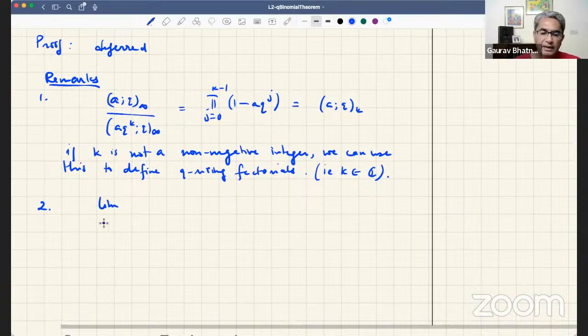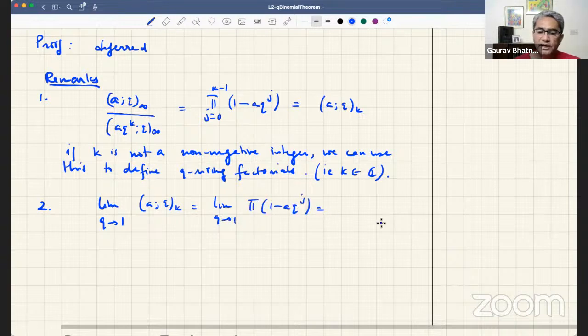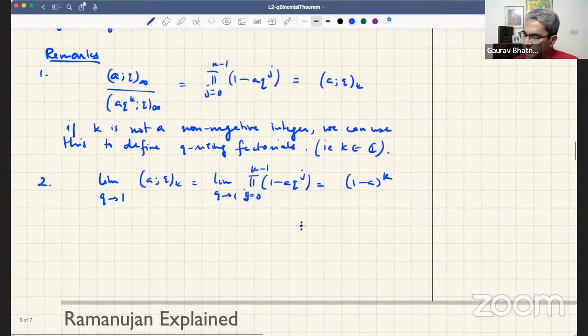If we take the limit as q goes to 1 of (a;q)_k, this is the limit as q goes to 1 of the product of 1 minus aq to the j, with j going between 0 and k minus 1. So this is just (1 minus a) raised to the power k.